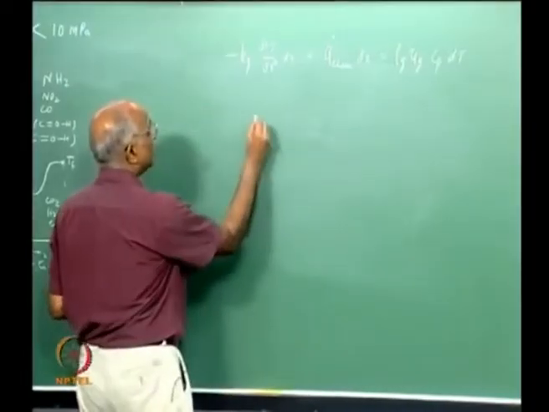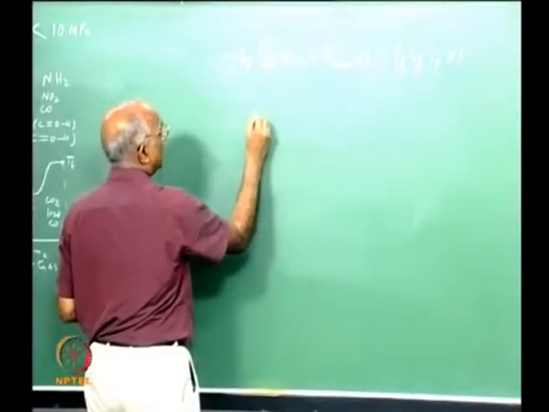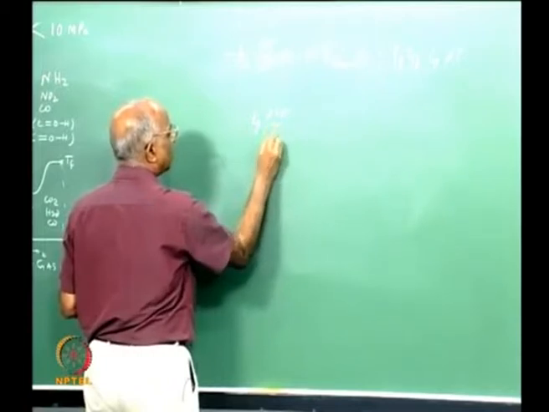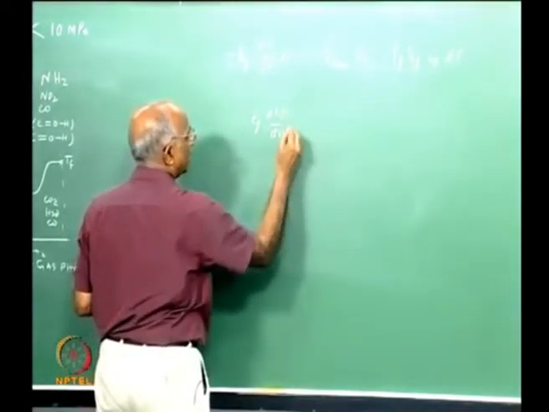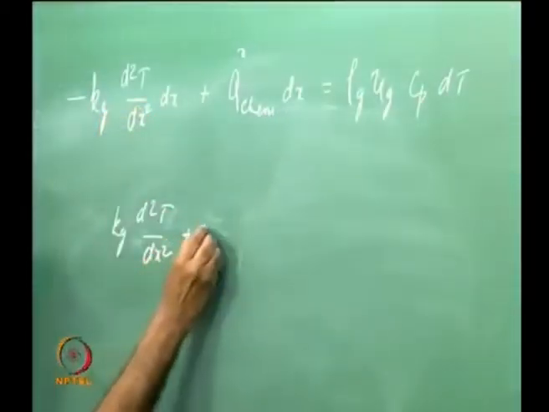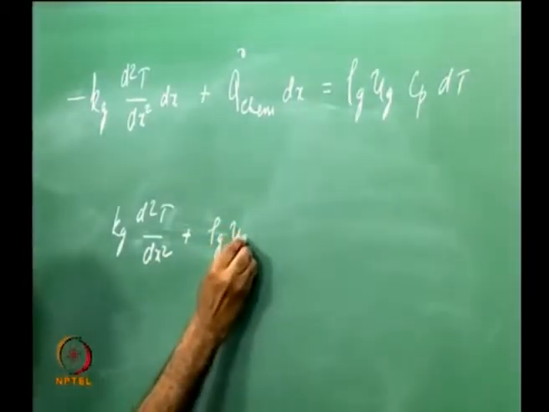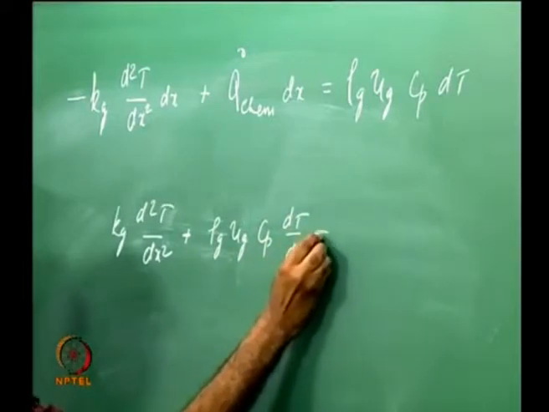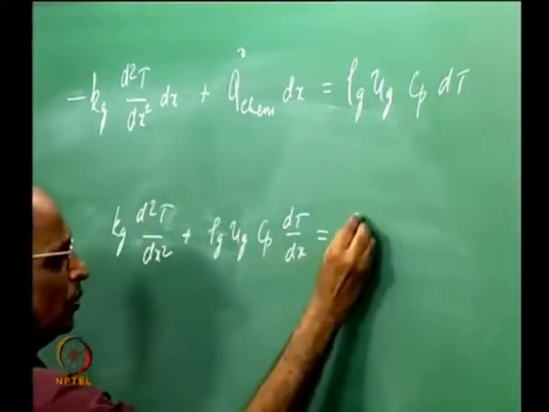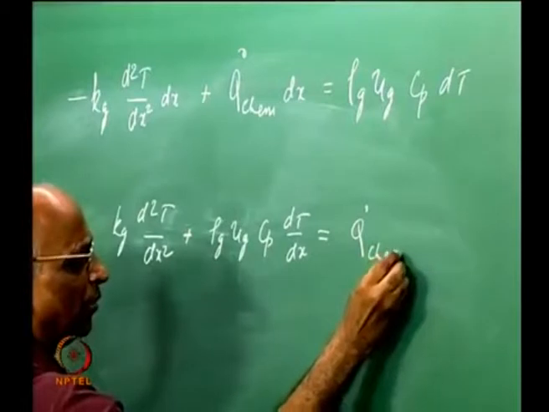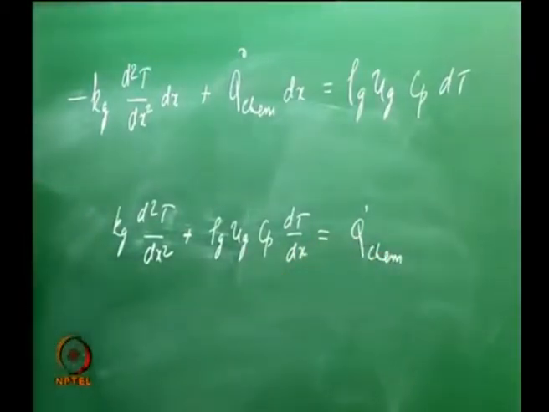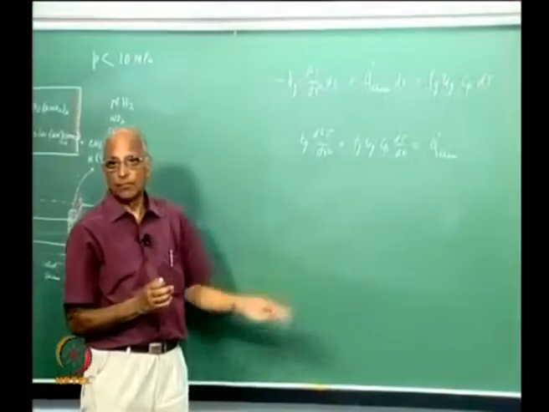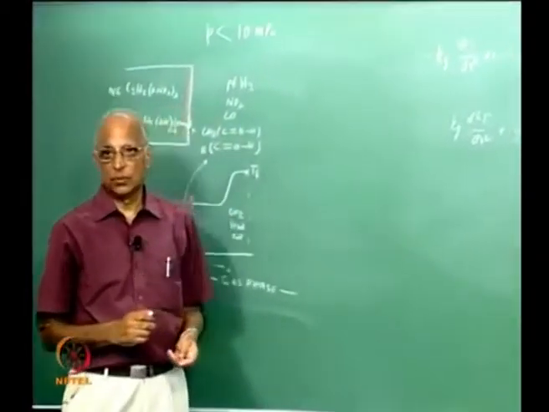We can write this equation as, maybe take dt, I have kg into d2t by dx square, I take it on the right hand side, plus I have rho g ug into Cp into dt by dx is equal to, dx has come out, is equal to Q dot chemical, where Q dot chemical is the energy release per unit volume in the fizz zone, so much joules per meter square, right.